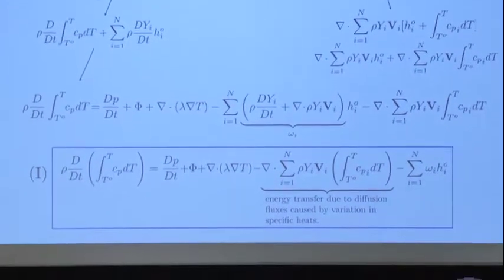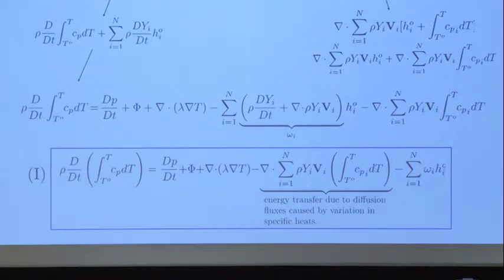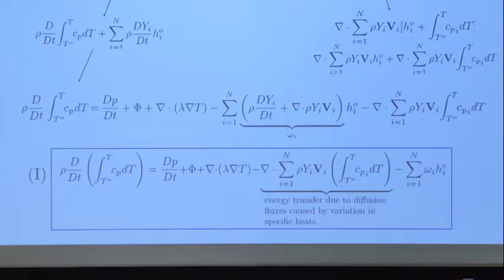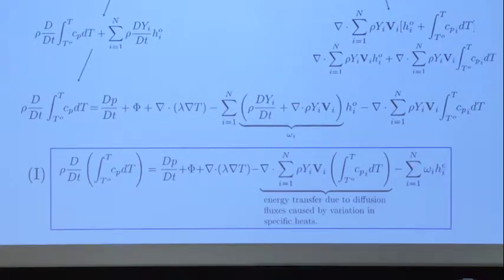And this is what was left from here, which is the energy transfer due to diffusion fluxes caused by the fact that the different species have different specific heat. I will comment on this again in a second. And the last term is this omega I times the enthalpies of formation, hi naught.